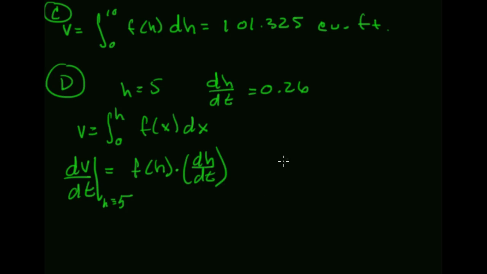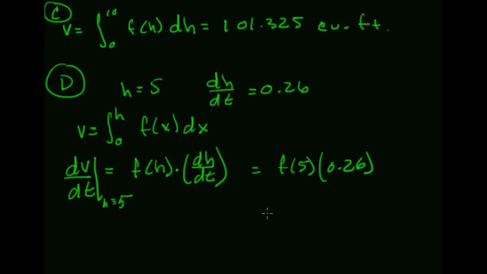5, right? So you have to do a little bit of, not a whole lot, right? I think we got it. So we want f of 5 times 0.26, right?